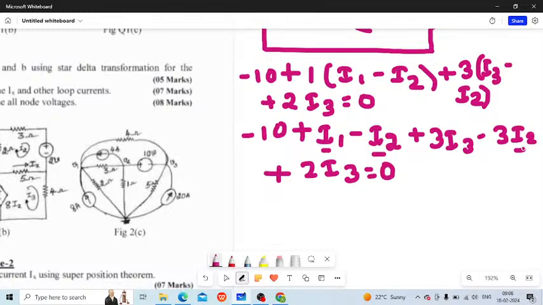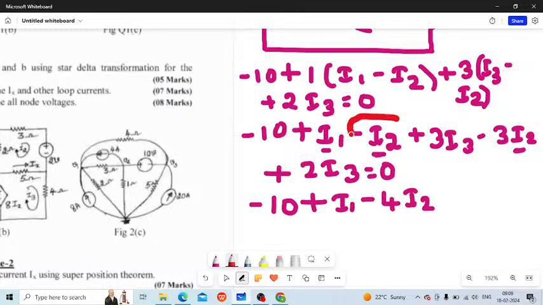So it is minus 10 plus I1, this minus I2 and this minus 3I2 will give me minus 4I2. You're getting it, right? If you are still confused, this is minus I2.